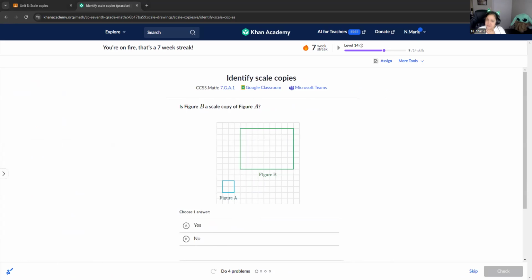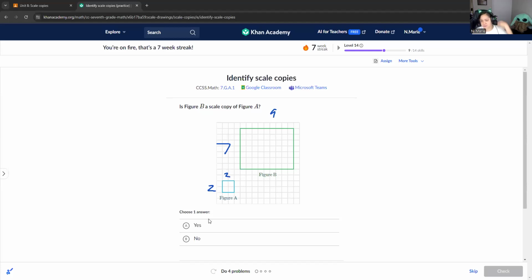So is it a scaled copy? Well, this is a 2 by 2 square here, and this one's 1, 2, 3, 4, 5, 6, 7. Wait, 1, 2, 3, 4, 5, 6, 7. 1, 2, 3, 4, 5, 6, 7, 8, 9. So no, this is not a scaled copy because 2 times what gets us 7?